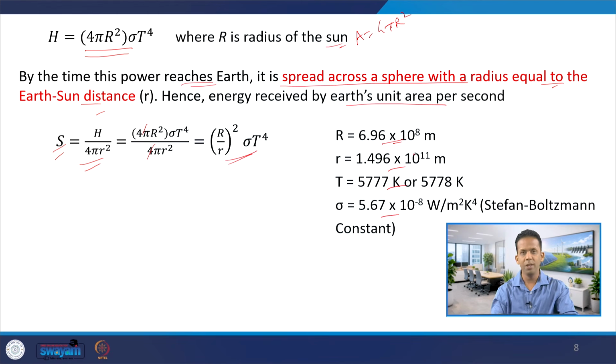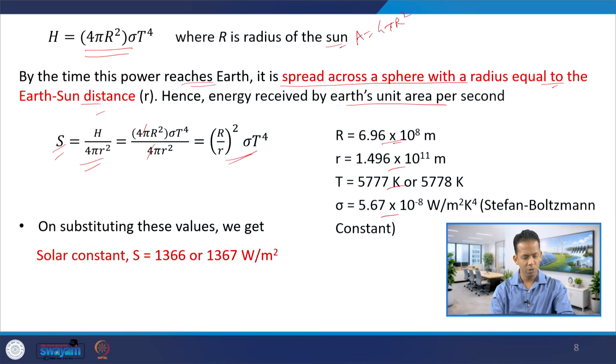If you substitute these numbers in this formula, you should be able to get the value of the solar constant as 1366 or 1367 watt per meter square. Depending on the book, some refer to 5778 Kelvin or 5777 Kelvin, so it may change slightly, but it will be within this range only. It will be between 1361 to 1369 for sure. Now, that is the value of the solar constant.